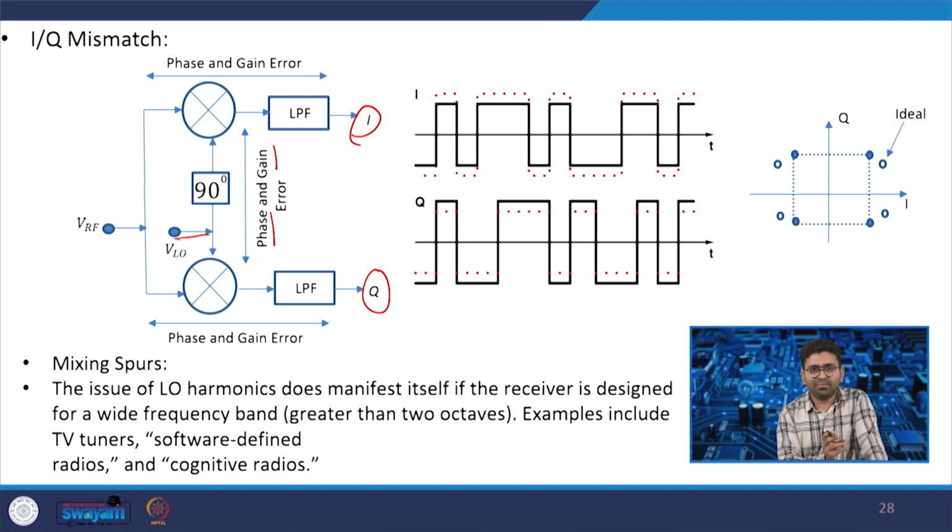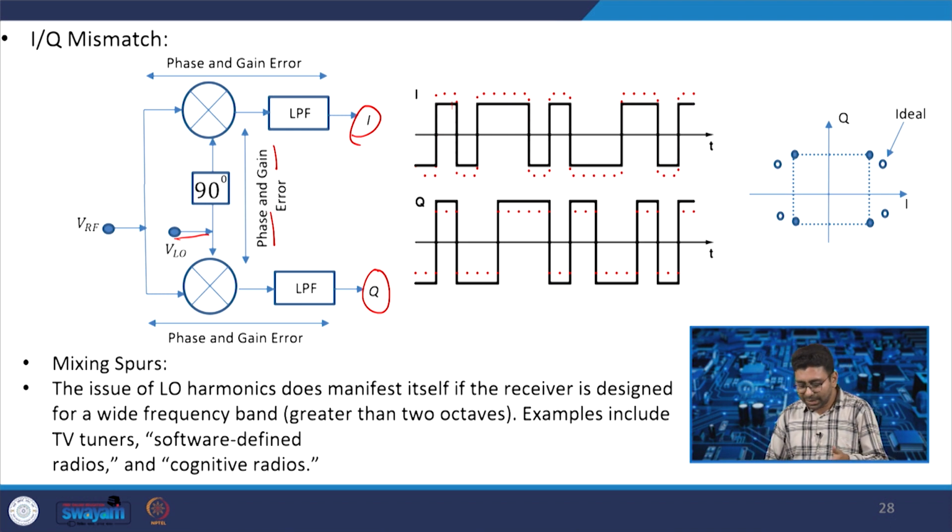Let us say there is some mismatch in the phase of the sin and cos, and that will create a change. This black one is the desired one, and the red one is due to the mismatch. So, two kinds of mismatch are possible: one is amplitude mismatch and another is phase mismatch.